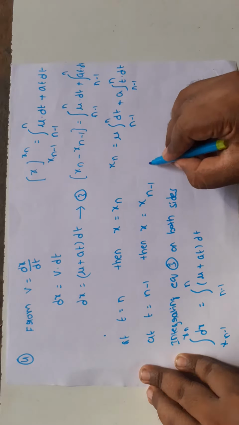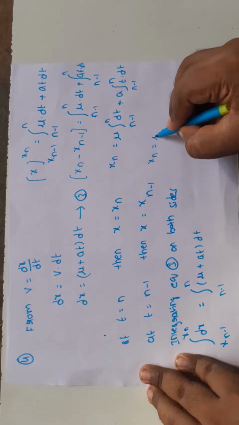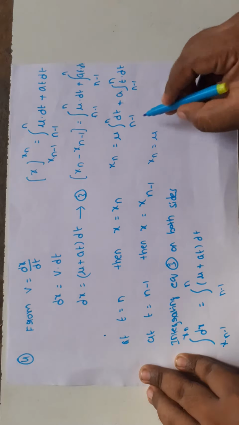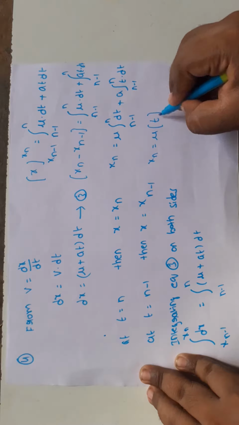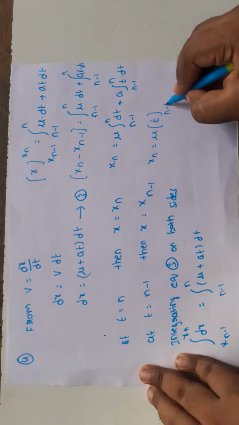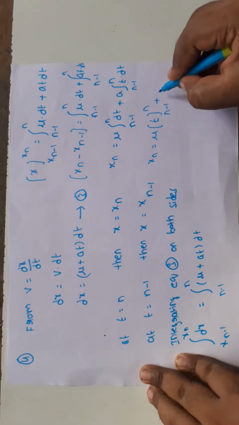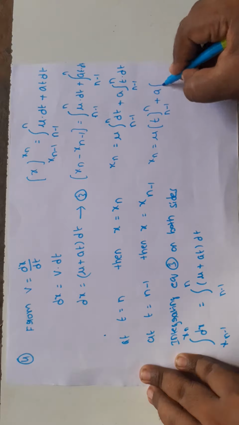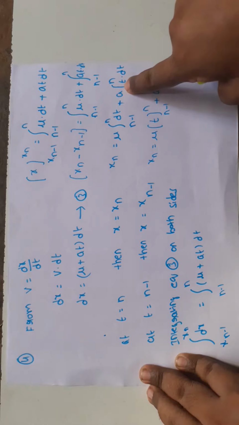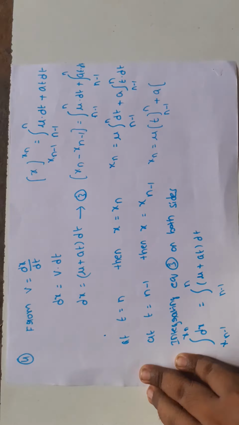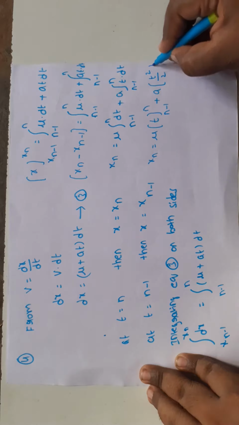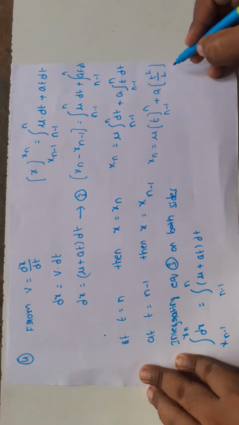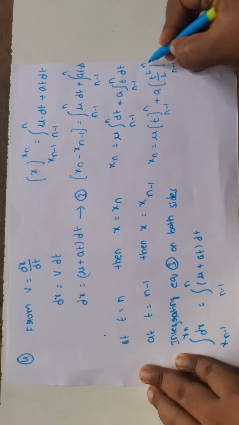So xn equal to u into the integral of dt, which is t, with limits n minus 1 to n, plus a into the integral of t into dt, which is t square by 2, with limits n minus 1 to n.